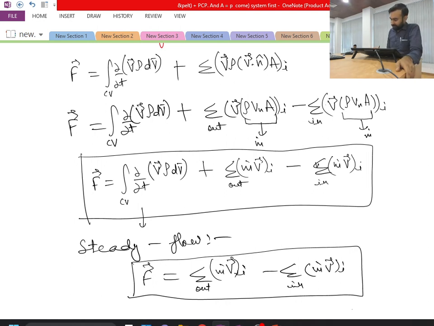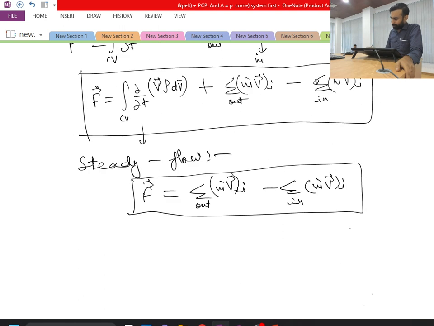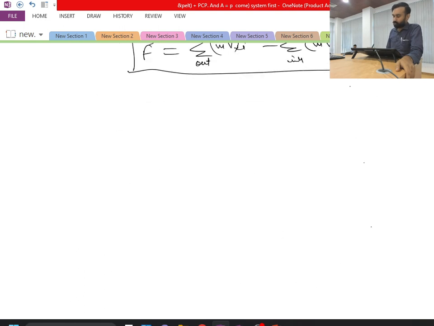Now typically whenever we do this type of problem, one more thing we will need: till now we have not seen in detail how to find the viscous force. Body force we know is very easy, it is mass times g, but one more force can come into the picture, that is the pressure force. So let's first talk about how to estimate the pressure force acting on a fluid element.